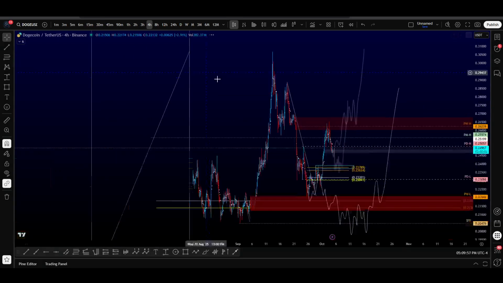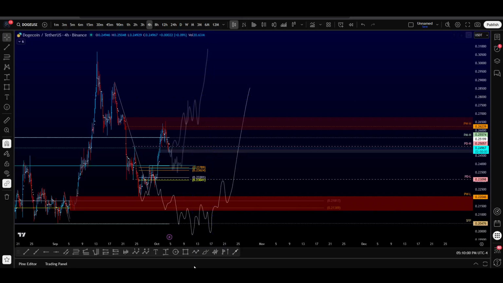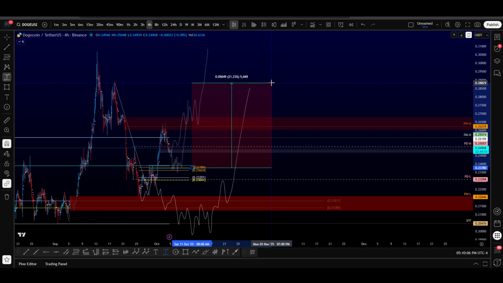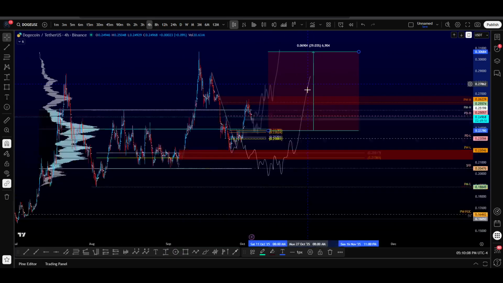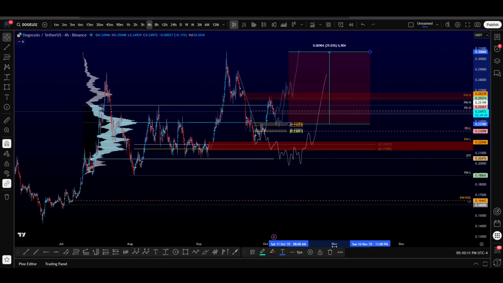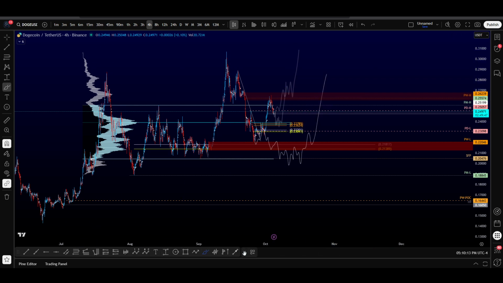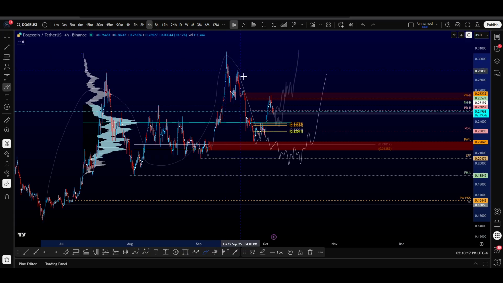And then if we do get that push to that weekly high, which I talked about, from that level, that is around another 20% or 30% to this range high, right? And as you can see, this is clearly just higher highs and higher lows.